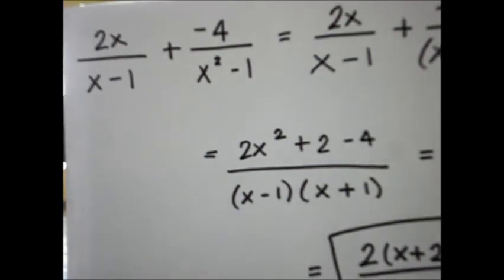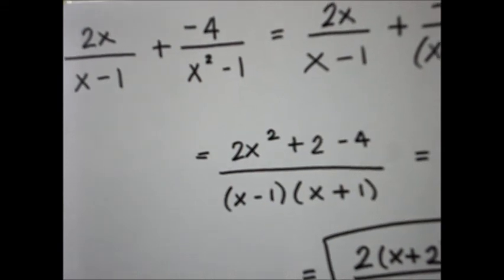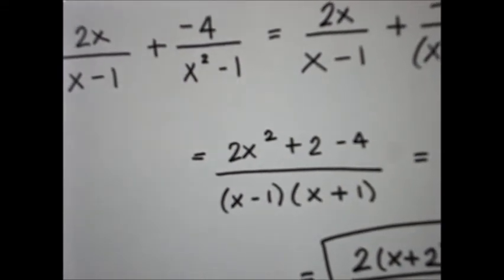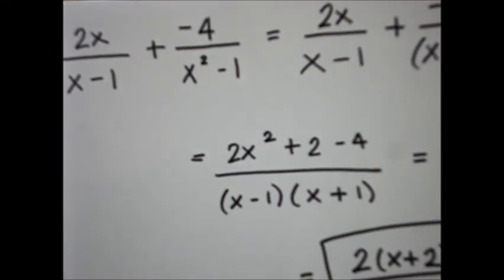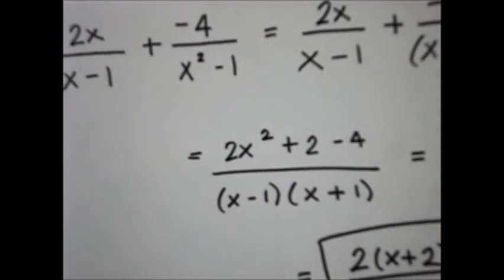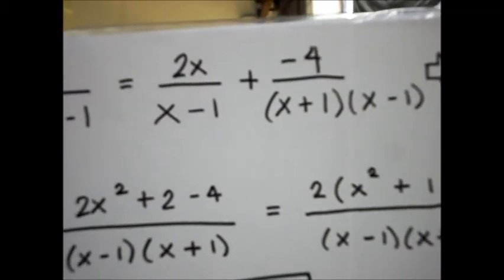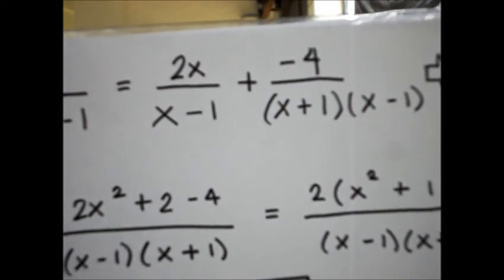Our first equation is 2x over x minus 1 plus negative 4 over x squared minus 1. If you look at the two denominators, you can see that x squared minus 1 can be factored. So it becomes x plus 1 quantity x minus 1.